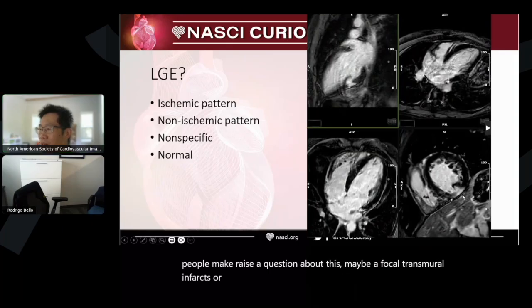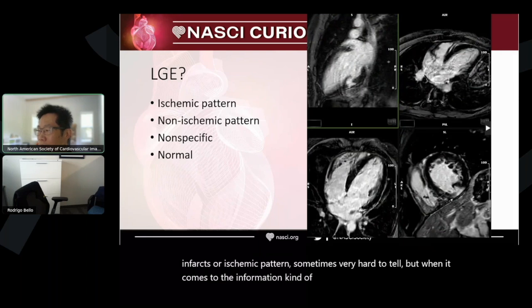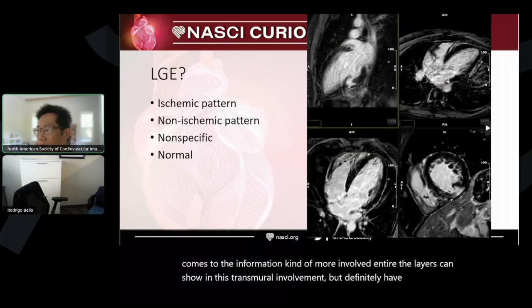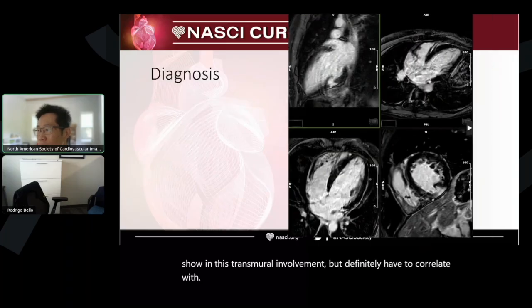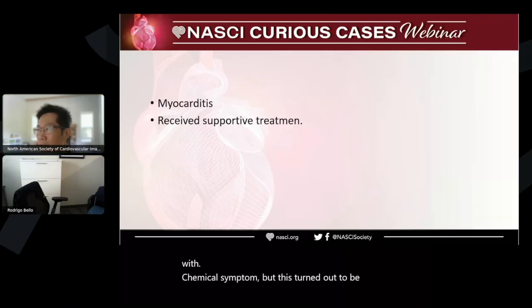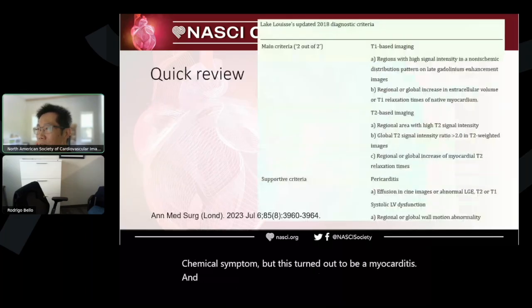Sometimes it's very hard to tell, but when the involvement is more extensive, involving the entire layers, showing this transmural involvement, you definitely have to correlate with the clinical symptoms. But this turned out to be a myocarditis, and then we reviewed the MR criteria for myocarditis.